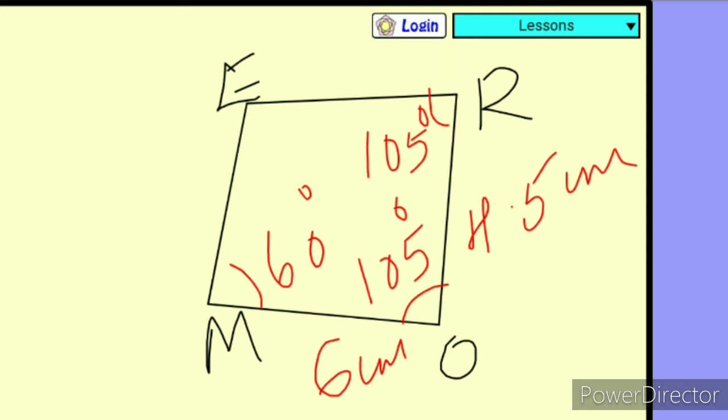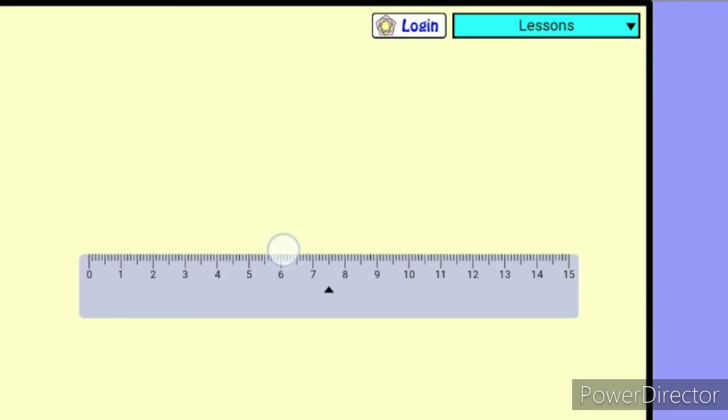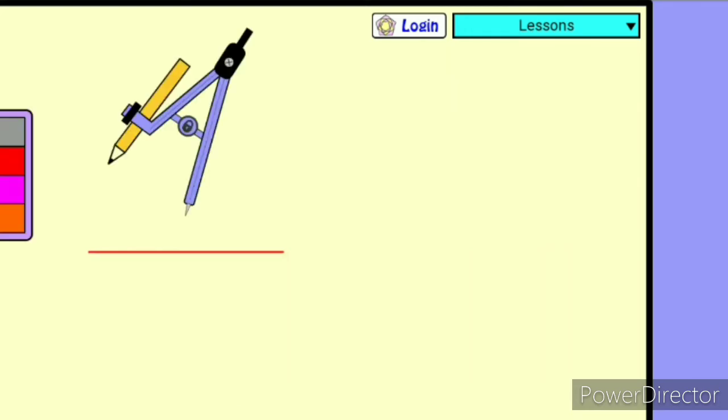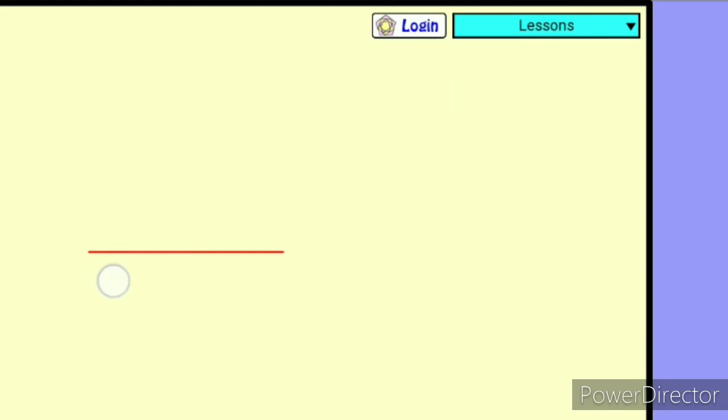We will get the position of R. Got it? Six centimeter, draw a side MO.